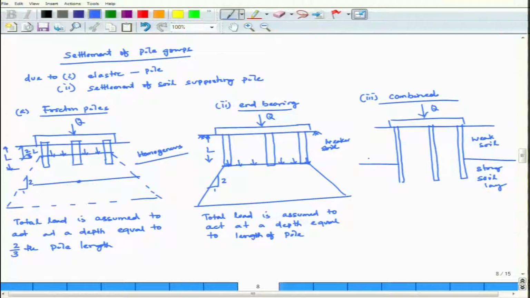So, in this case what will happen? This will become a combined case, that means both end bearing as well as friction piles. So, in this case what will happen? If this is my L1 and this is L2, what will happen?